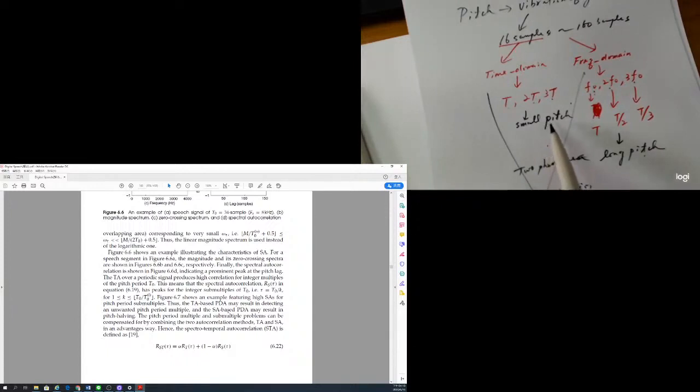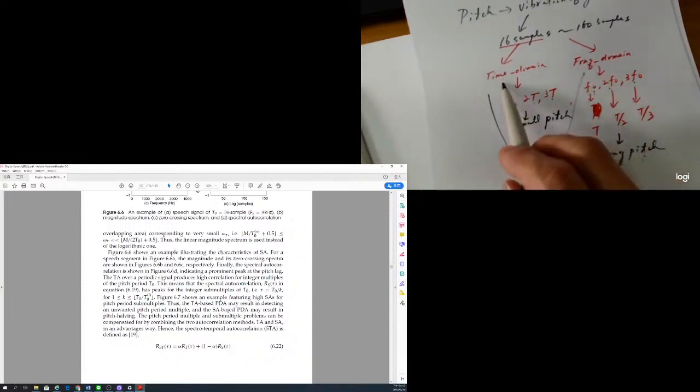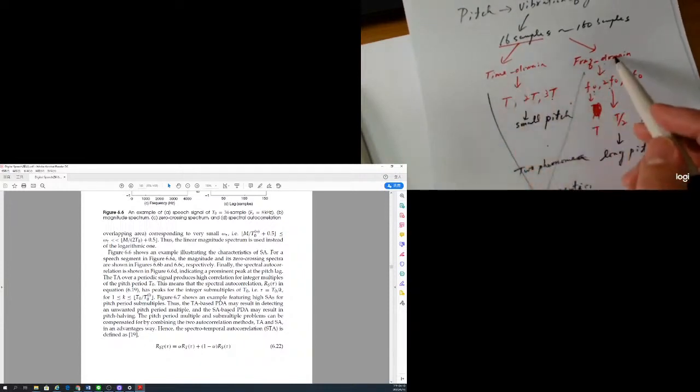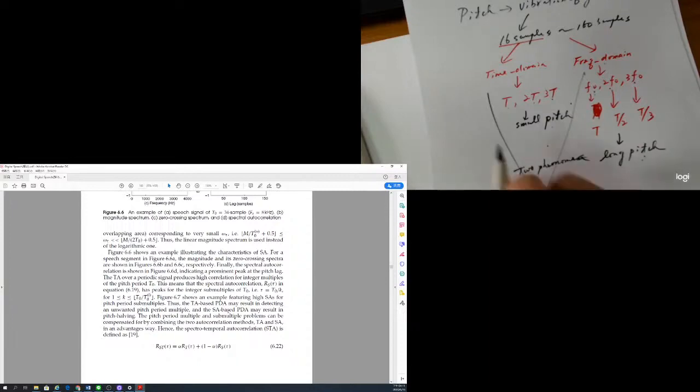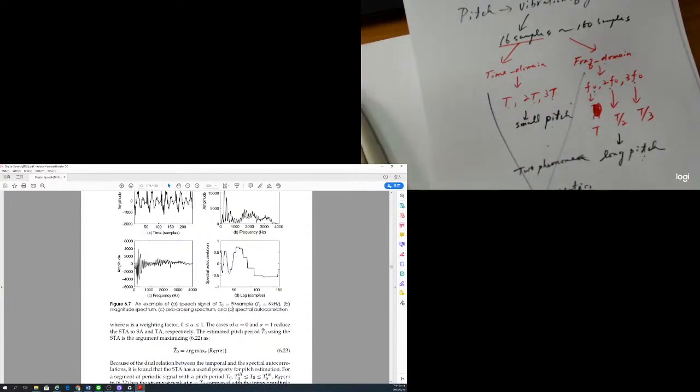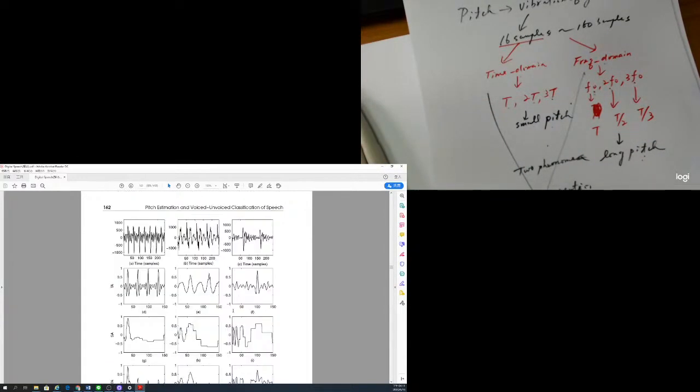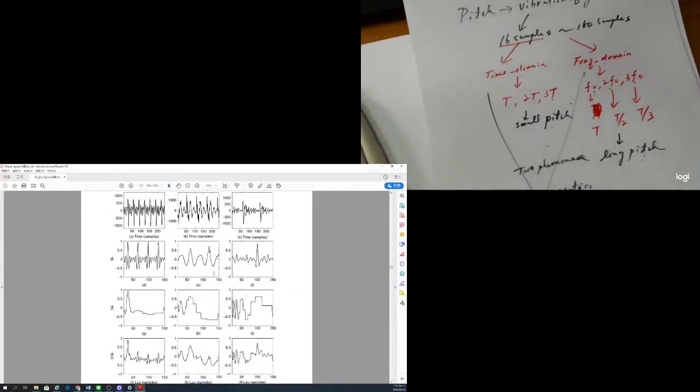If your pitch is smaller or bigger, we can use the time domain and frequency domain together to find the pitch. Because we are using the cost function from time domain and frequency domain, they compensate each other, so we can make our pitch prediction more reliable. Here they are using alpha 0.5, so this is the main idea. You can see it more clearly from this figure.